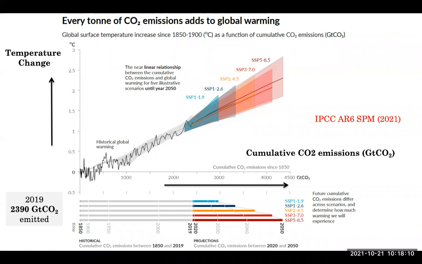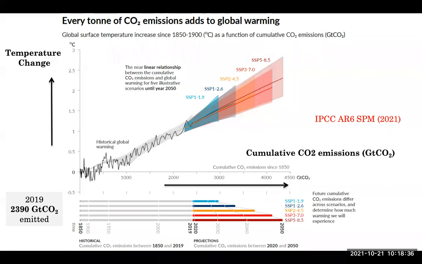Typically, to reach 1.5, if we want to limit to 1.5, we have to reduce by 45% in 2030, and we have to have a net zero emission by the mid-century, so 2050. If we limit to 2 degrees, the net zero would be at 2075.